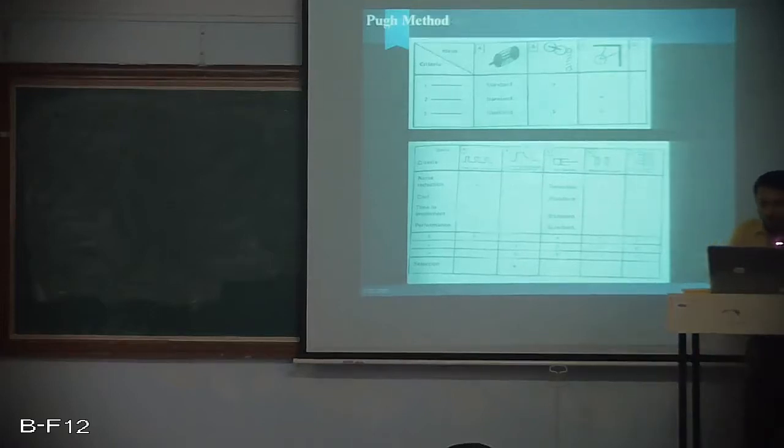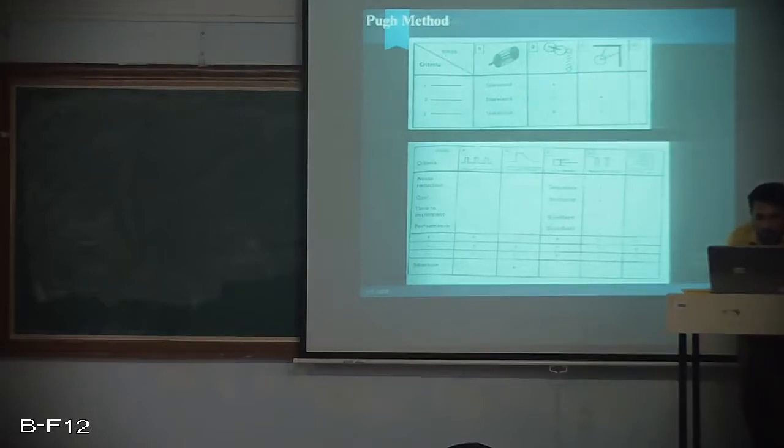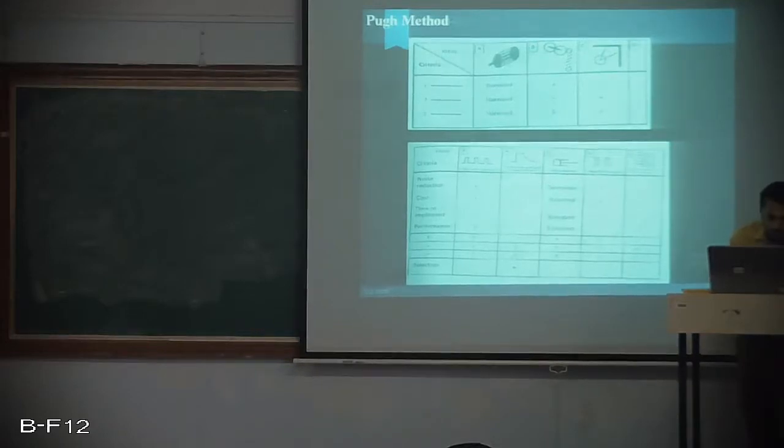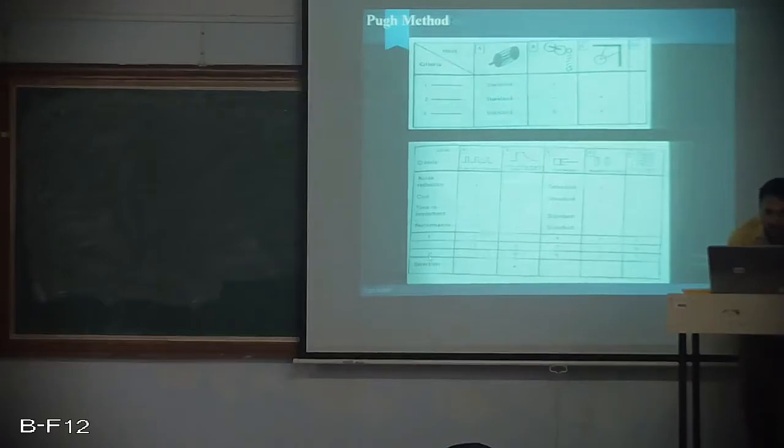So if you look at all these things, here the criteria are mentioned, and these are the standards, these are the pluses, and these are the negatives. For each of the components you write the same.